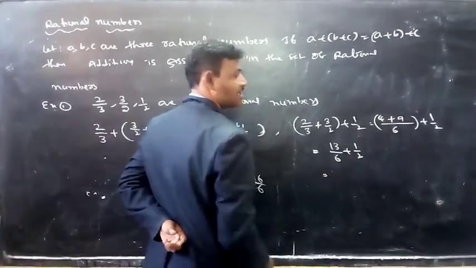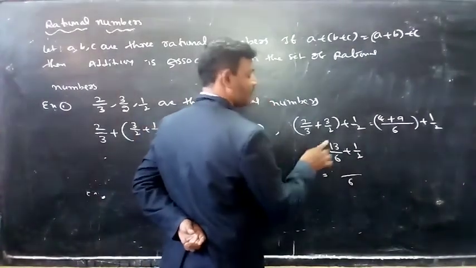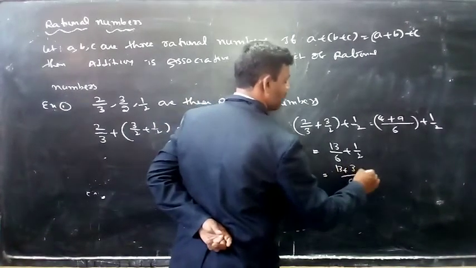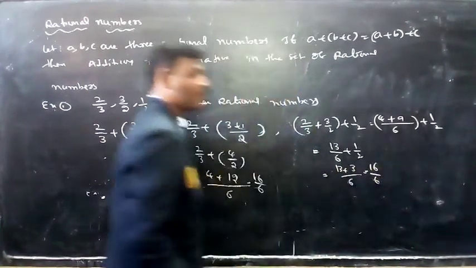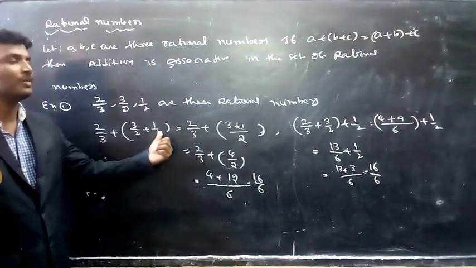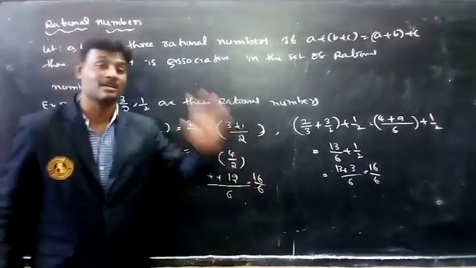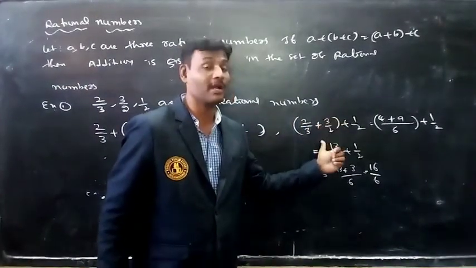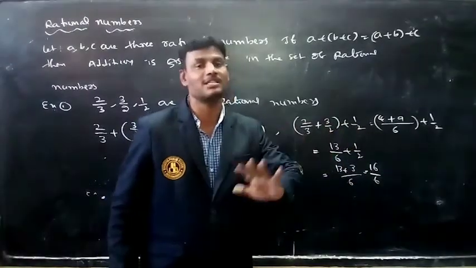Once again, 6 is the LCM. So 13 plus 3 is equal to 16/6. So the result of (2/3 + 3/2) + 1/2 is 16/6. Similarly, the result of 2/3 + (3/2 + 1/2) is also 16/6.